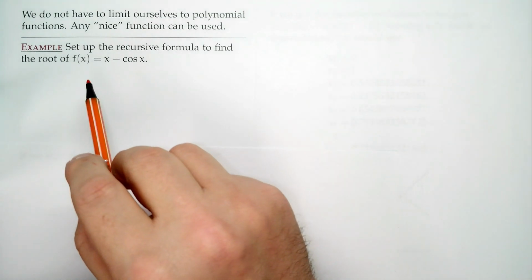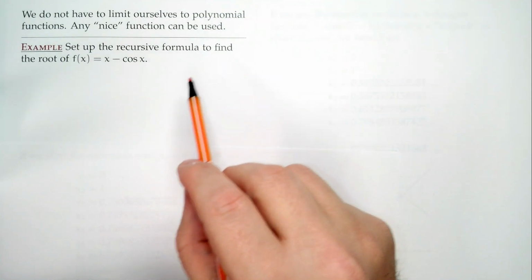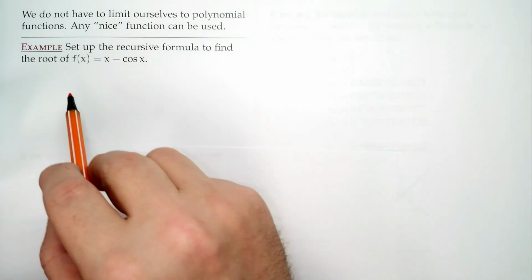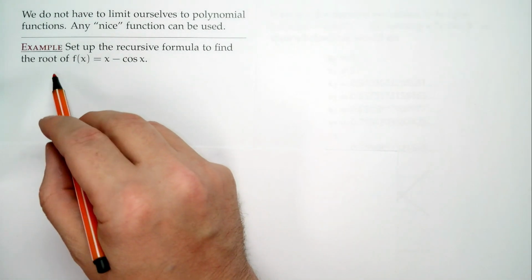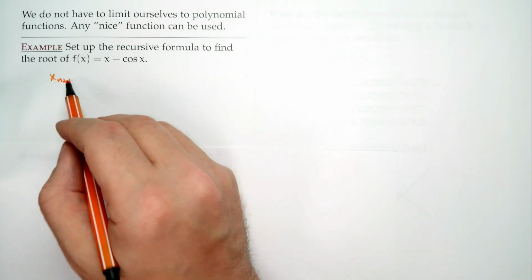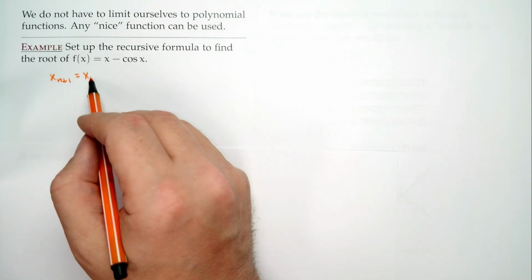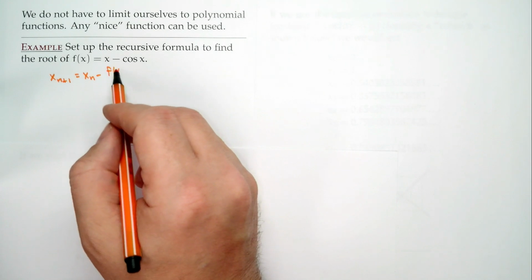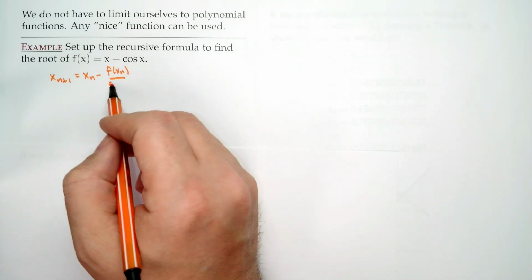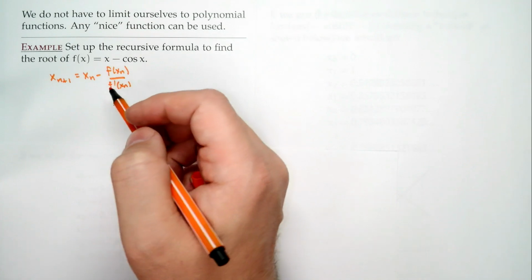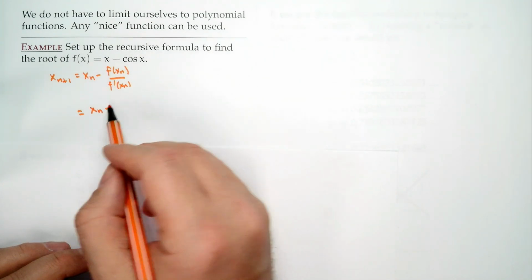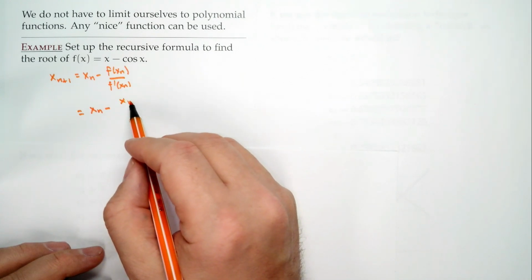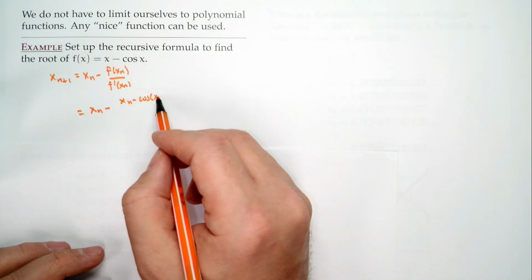So here's an example. Set up the recursive formula to find the root of f of x equals x minus cosine x. We don't even have to do anything, we just have to set it up. Our formula says x_{n+1} is x_n minus f of x_n divided by f prime of x_n. So we get x_n minus, upstairs, x_n minus the cosine of x_n.